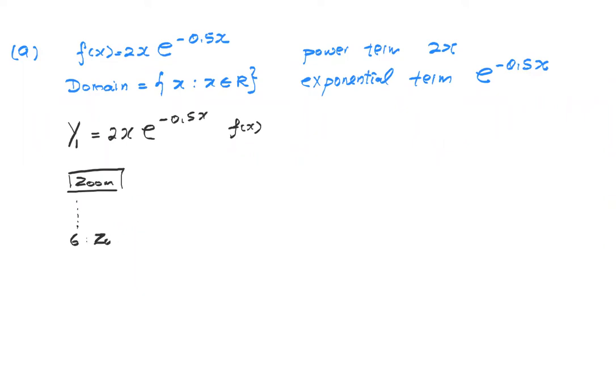Zoom standard. Okay, you try to select that. When you do a zoom standard, the calculator will straight away draw the graph for you, correct? So you will have the graph come out something like that. Am I right?